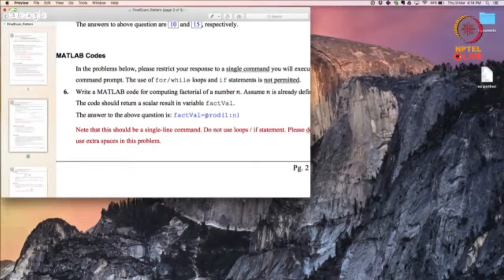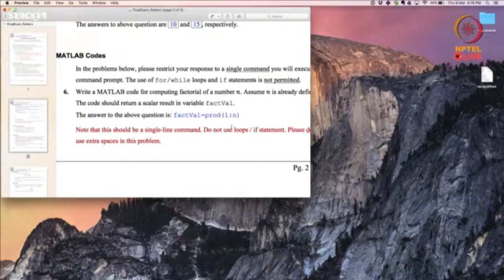The command prod will multiply all the elements. So if you give fact val equal to prod 1 colon n, that will be the correct answer. Please don't include excess spaces in this. You just give the result as shown over here, so that you get graded appropriately.